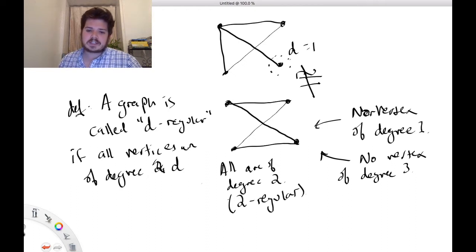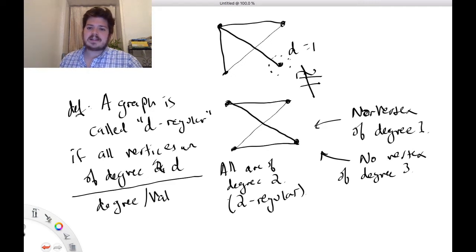Another word you might hear for degree is valence. You might use that interchangeably with degree. So the valence of a vertex is how many edges are coming from it.